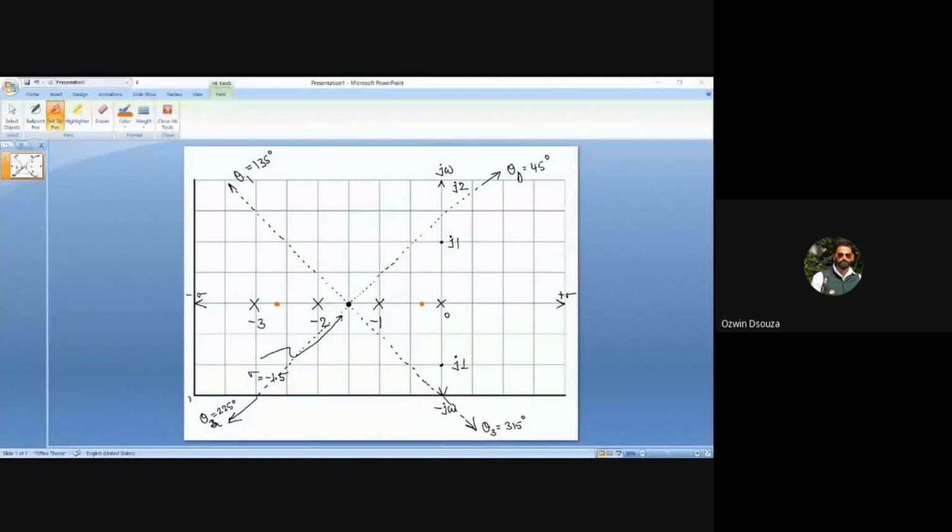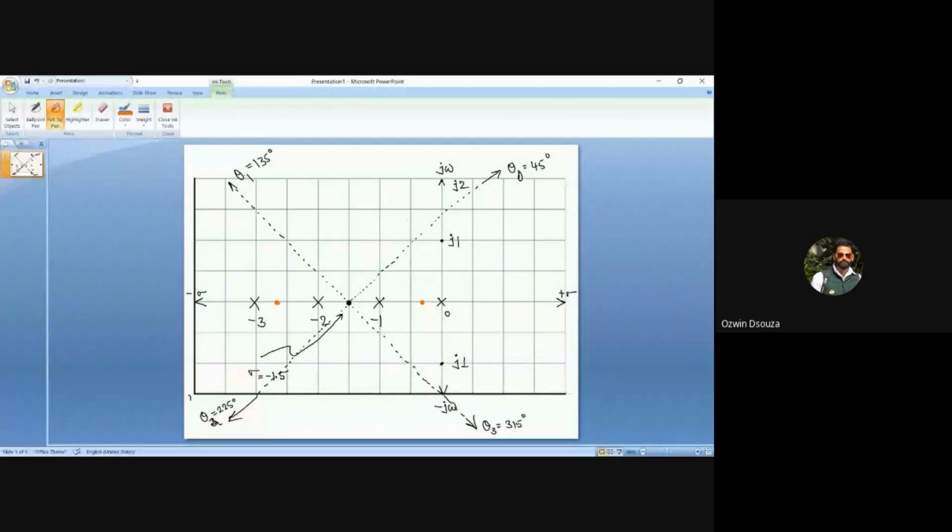Once you place the breakaway points, you can go to rule 7, which talks about the imaginary crossover. For this given problem, we see that K marginal is positive, due to which you get the imaginary crossover points, plus or minus j omega, and the value is plus or minus j1. Similarly, you mark plus or minus j1.